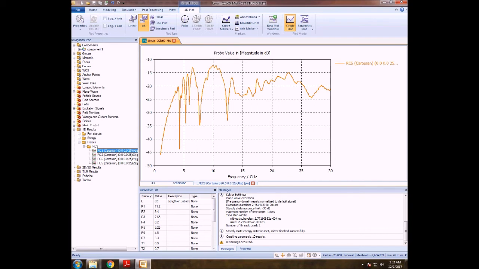Third dip is at 6.5 gigahertz and its RCS value is minus 27. The fourth dip is at 7.5 gigahertz and its RCS value is minus 34.6.